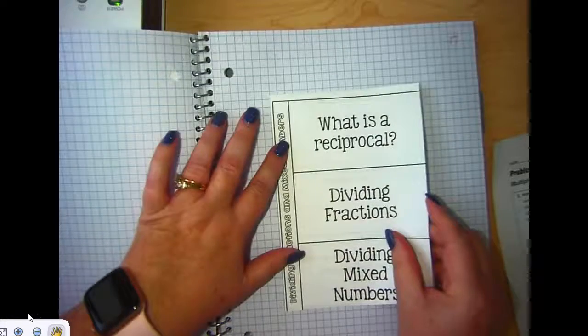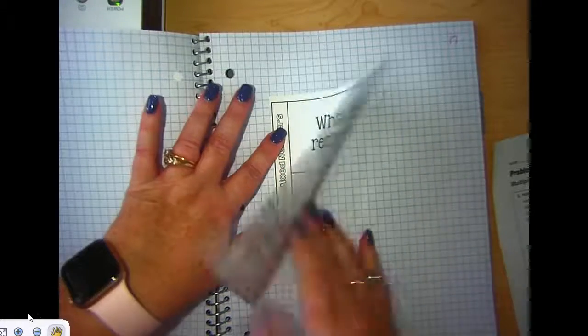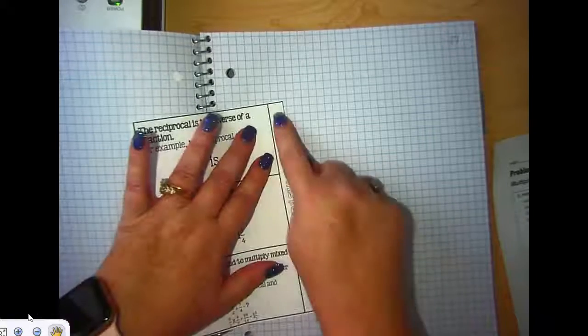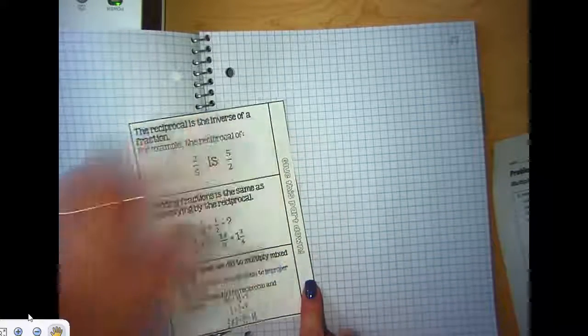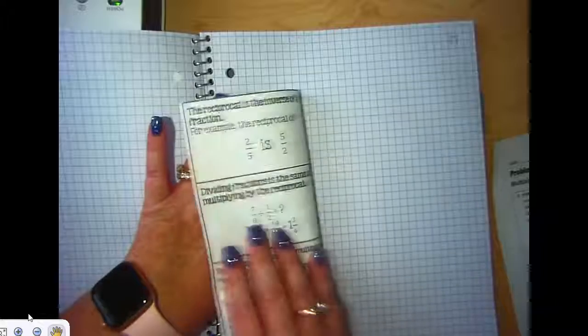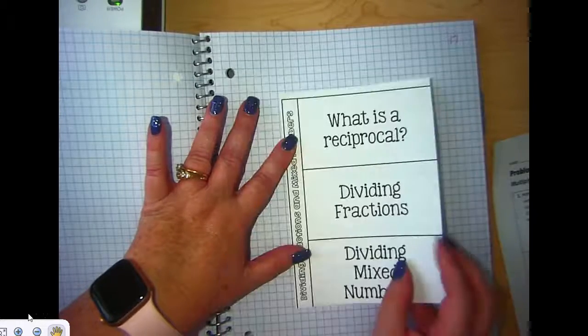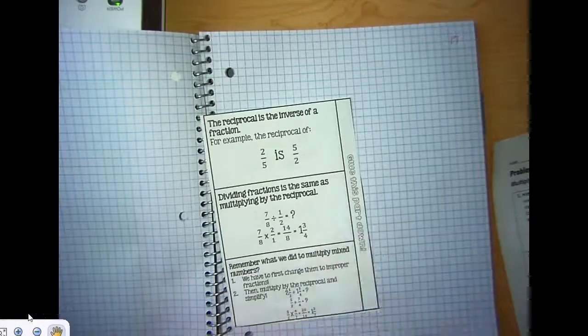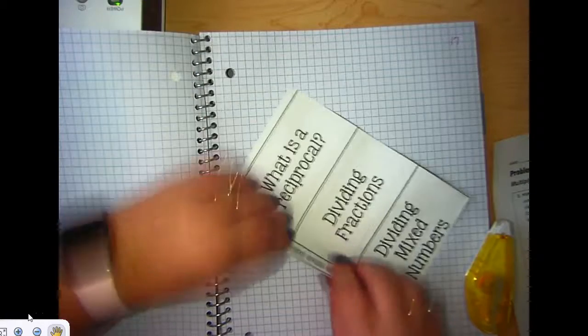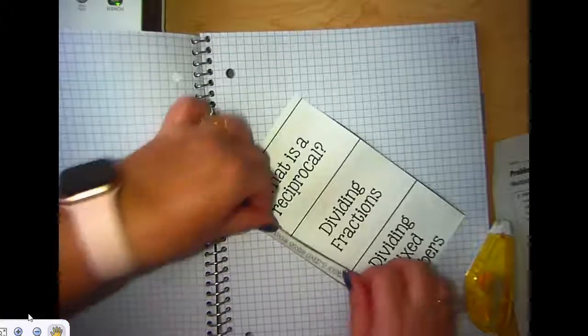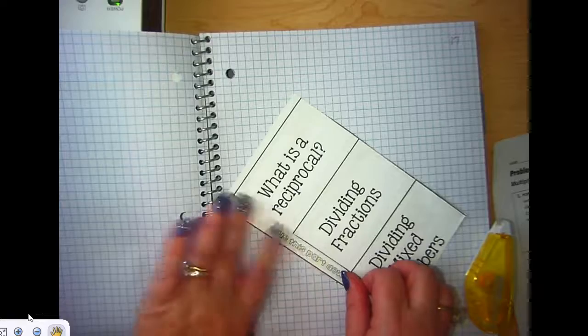So on page 17, what we're going to do is take this and glue it with just a strip of glue right here, because we want to be able to turn that up that way. So put a strip of glue right there. And I think I'm just going to go ahead and crease that so I can see and make it to where it opens a little bit easier.